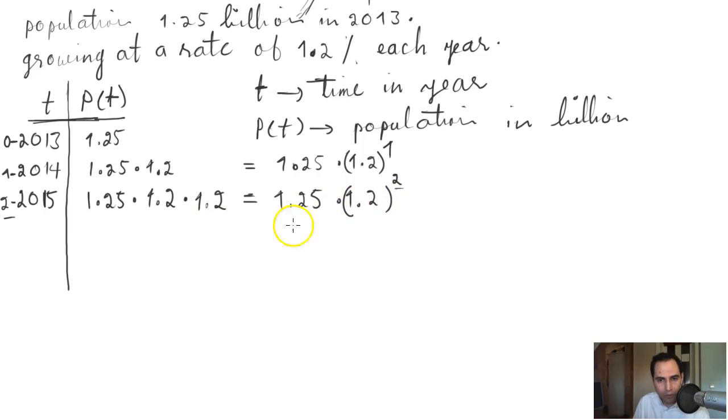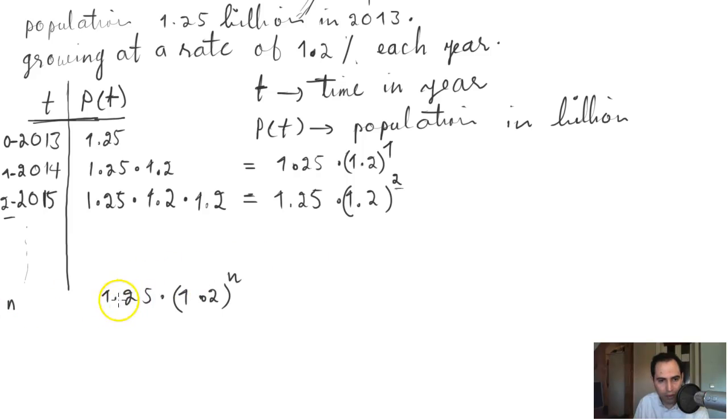So that basically means that in the n years after 2013, the population is going to be 1.25 times 1.2 raised to the power n, because every time we are raising that factor to the power n.